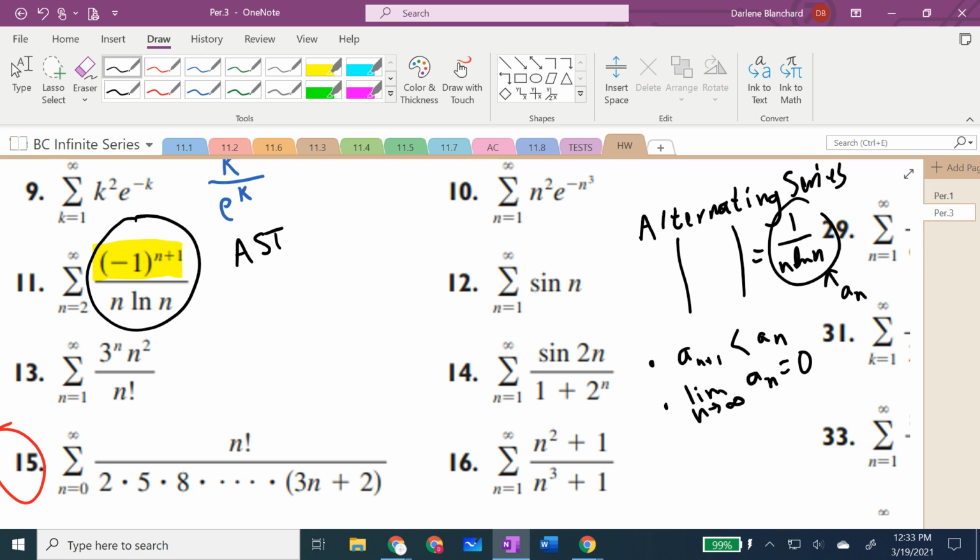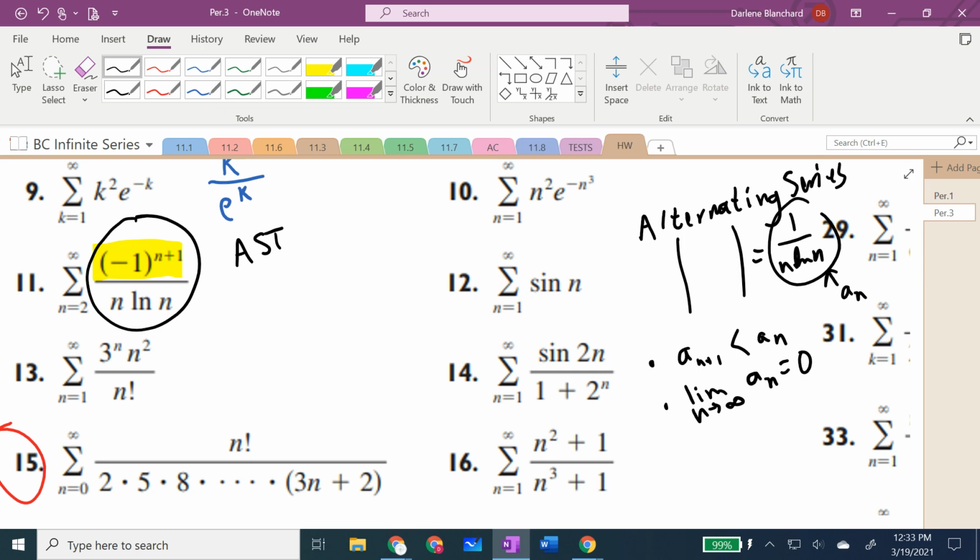How often does AP ask what type of convergence versus just converge or diverge? It's rare that you get asked for absolute or conditional convergence. Most of the time, you're going to look at just converge or diverge, converge or diverge, converge or diverge.